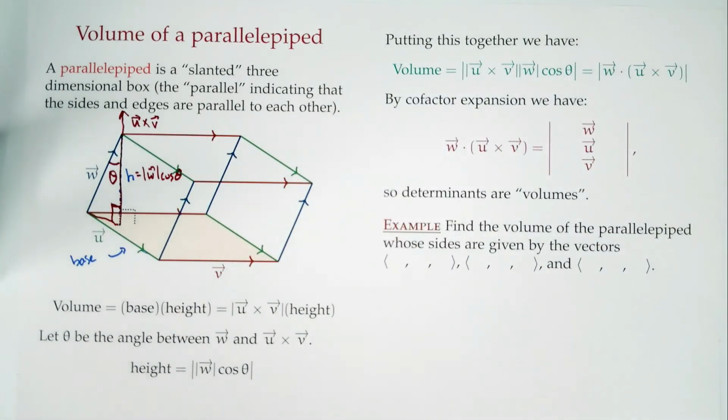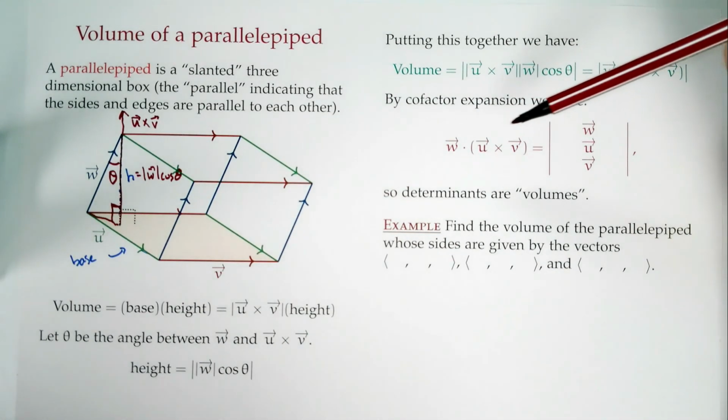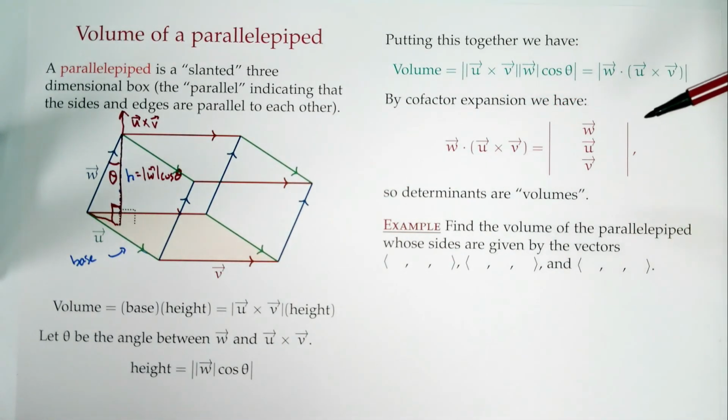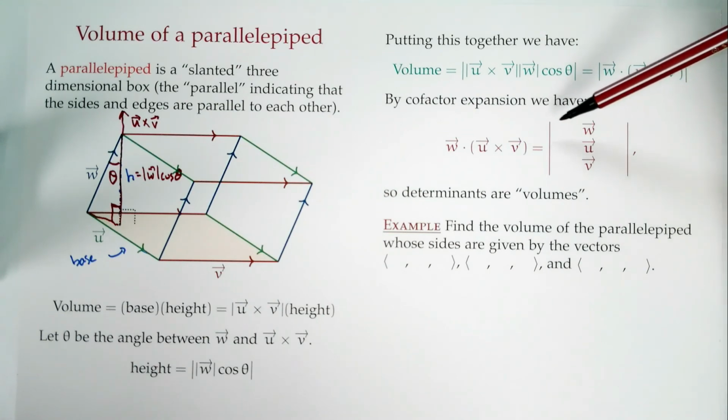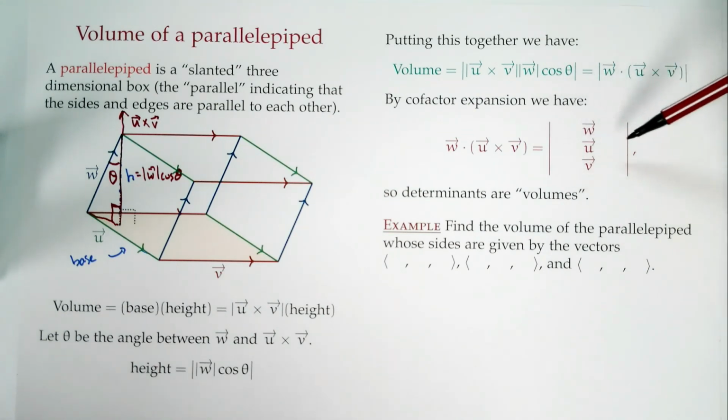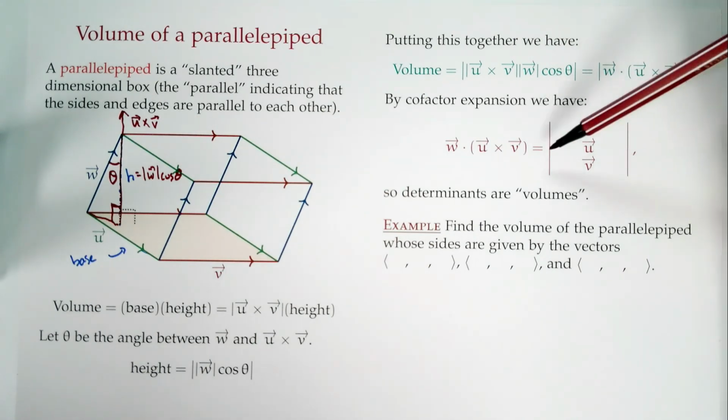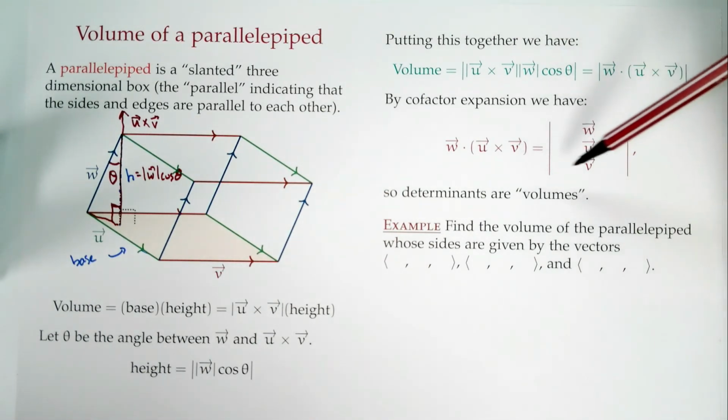All right. Now here's an amazing fact, really, really beautiful fact. Suppose I wanted to find w dot u cross v. How do I do it? And the answer is you just make your matrix of these vectors. So the first row is w, the second row is u, third row is v.